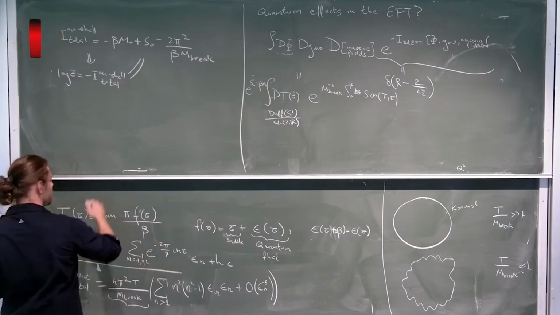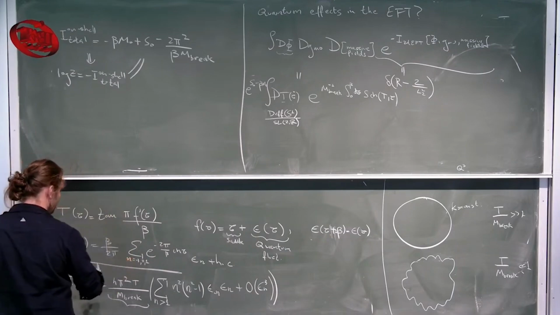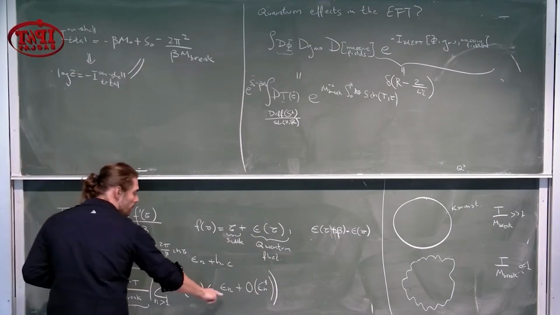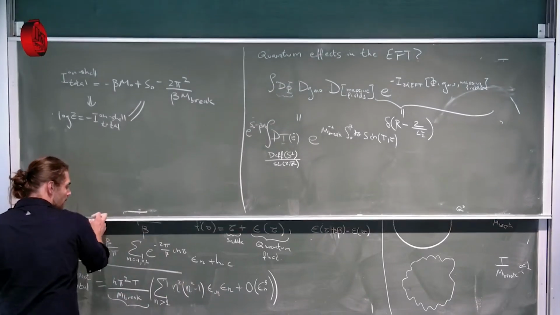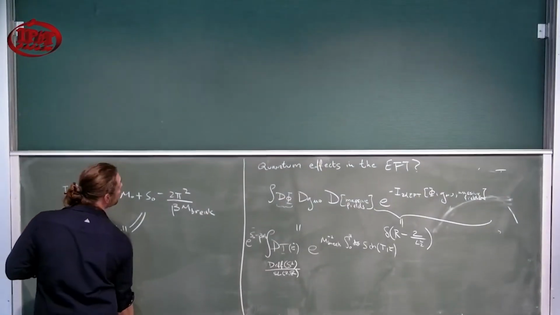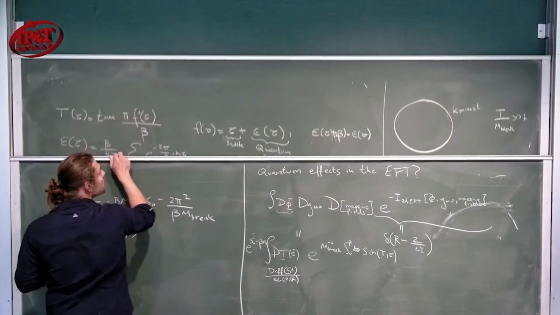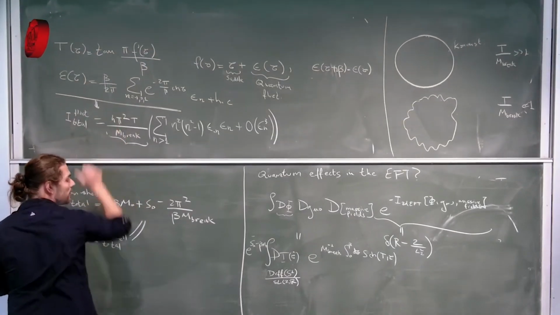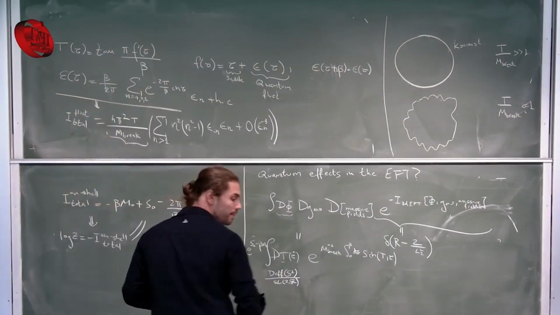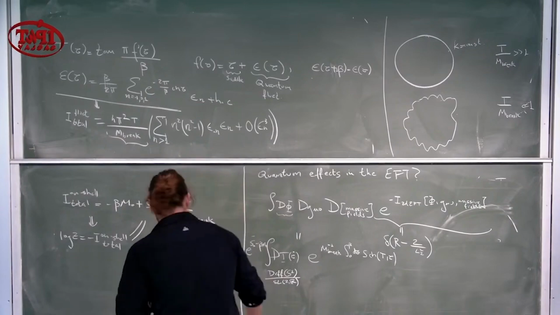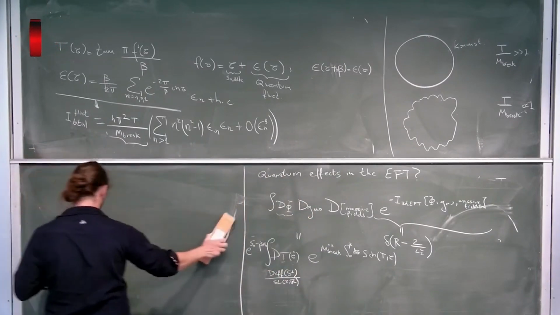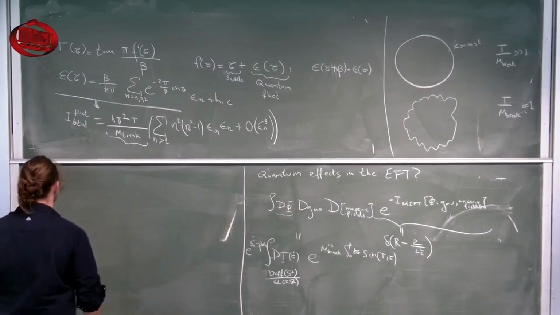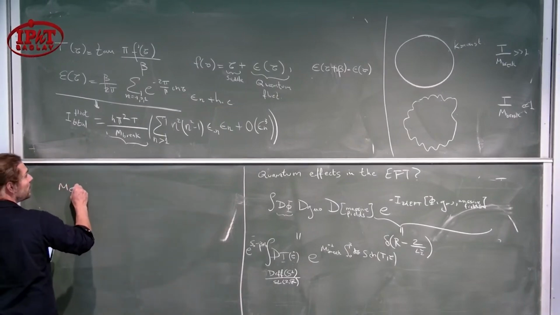So now let's actually evaluate this path integral over the modes epsilon up to one loop order. For that, I have to write what the measure is.